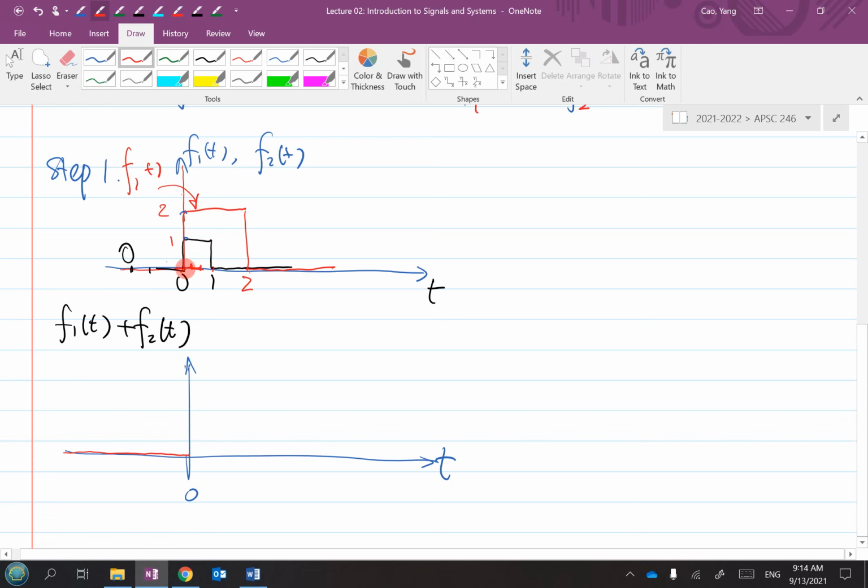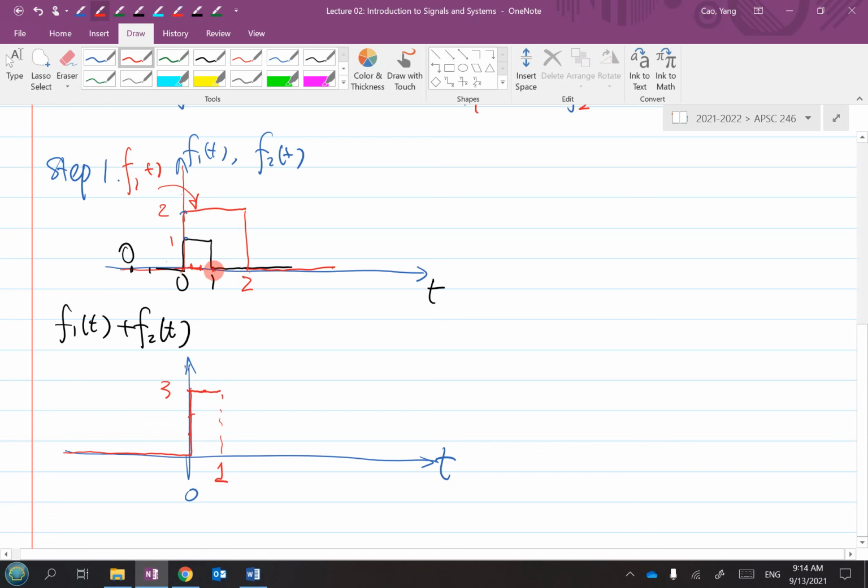So between 0 and 1, when you add these together, you get 3. Let me put the 1 over here. That's exactly what happens when you move your t value slowly to your right. Between 0 and 1, you end up with 3.